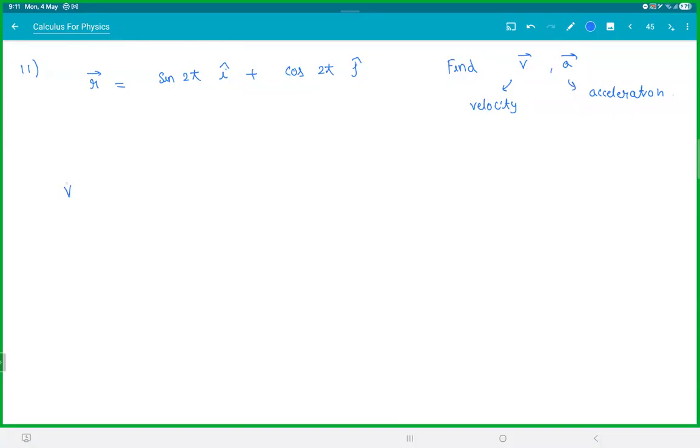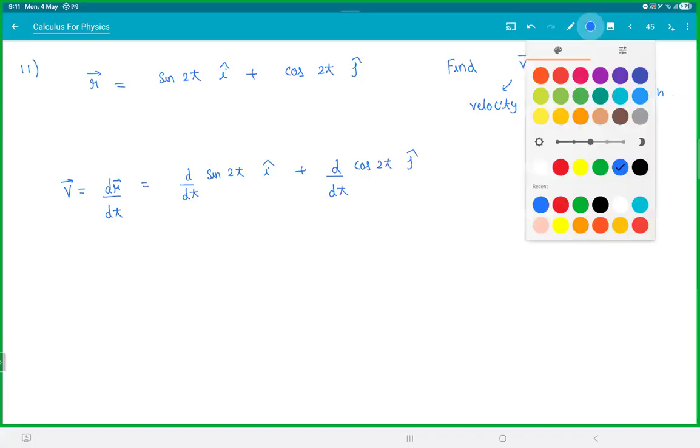Okay, let's see the velocity v bar, which is dr bar by dt, which is d by dt of sine 2t i cap. I'll show you a few of them. It takes a little time to get used to it.